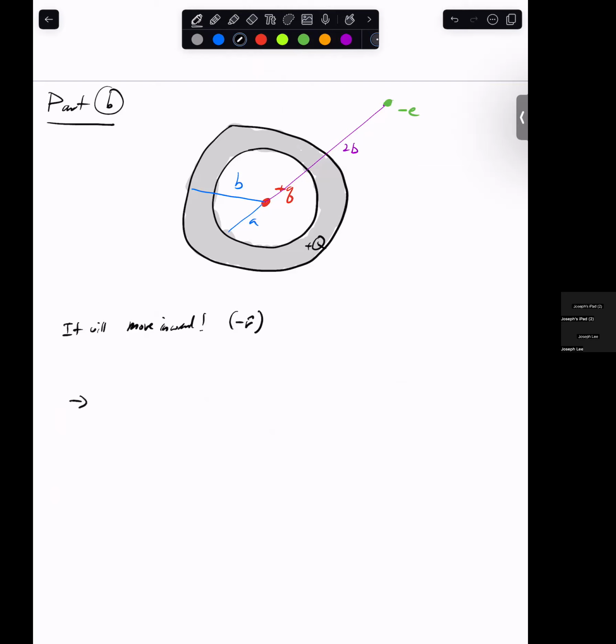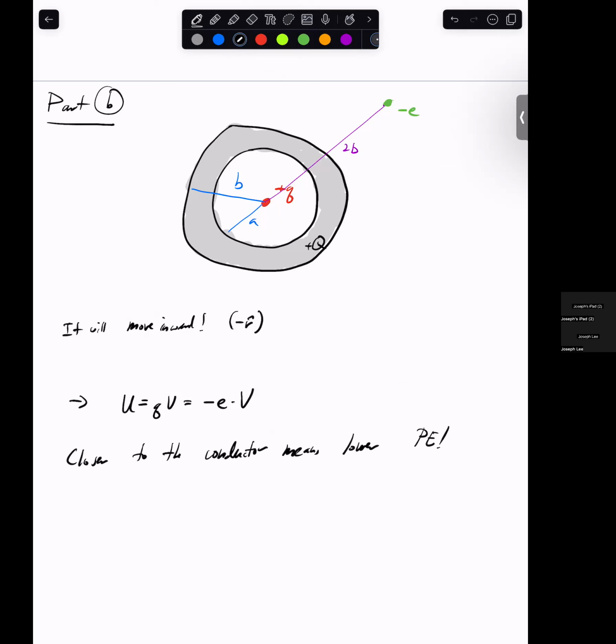So let's think about the energy. The potential energy we said is equal to Q times V. So in this case, it's negative E times V. If we then look at the signs of V, it turns out that closer to the conductor means lower potential energy.